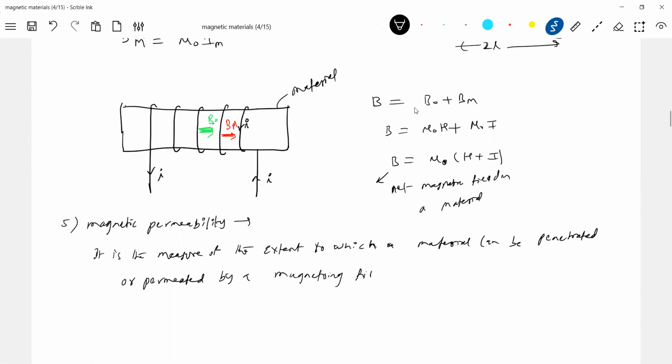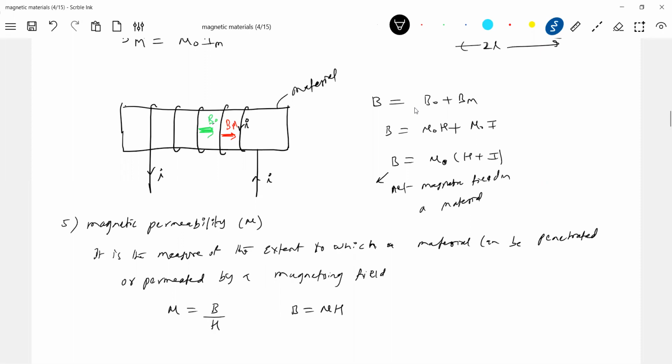This is defined as mu, the symbol is mu, which is equal to B by H, or B is equal to mu into H.